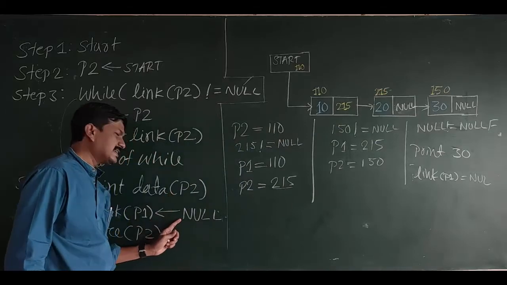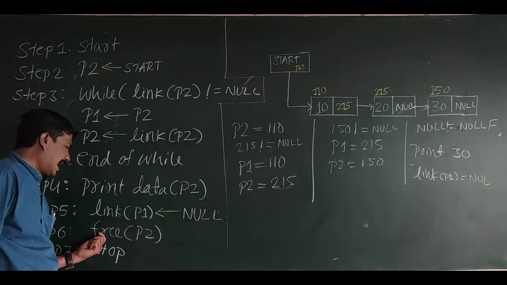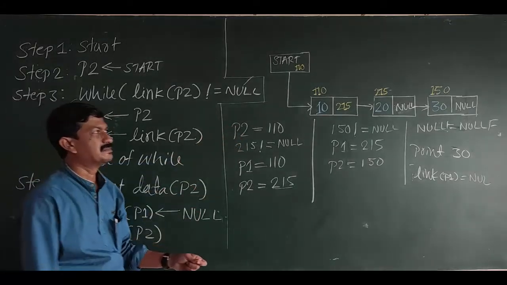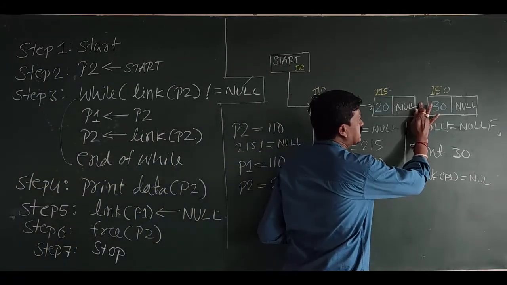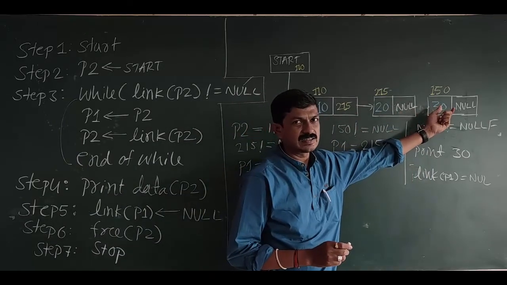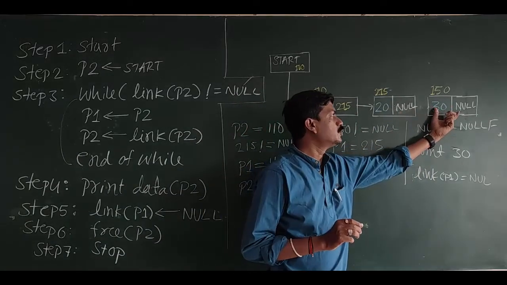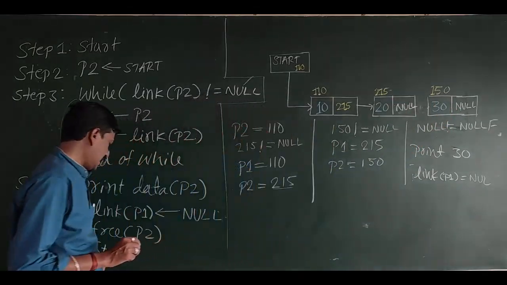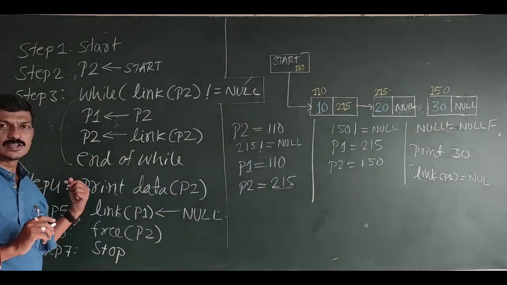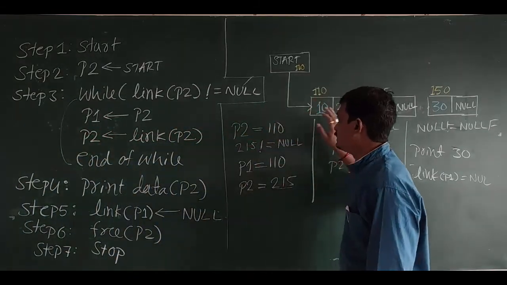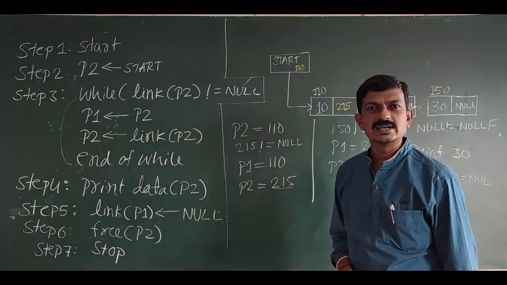Once I assign the null value, I free node P2 from the given linked list, which means I am dislinking this node, removing it from the linked list. The last step is step 7, stop. This is how we delete the last node of the linked list.